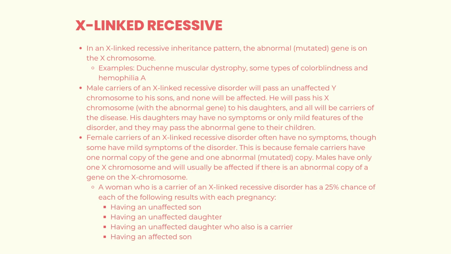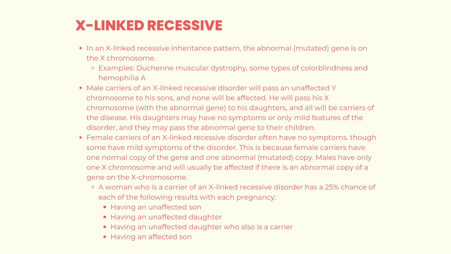As for an X-linked pattern of inheritance, again, these are going to be recessive. On this, the mutated gene is located on the X chromosome. Because male carriers of an X-linked disorder are going to pass the unaffected Y to their sons, the kid would not be affected.